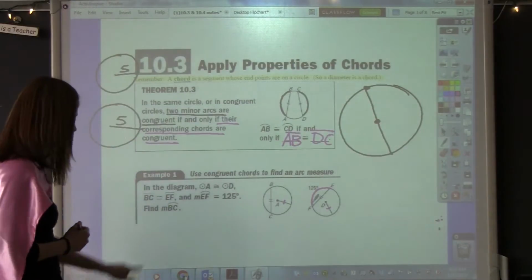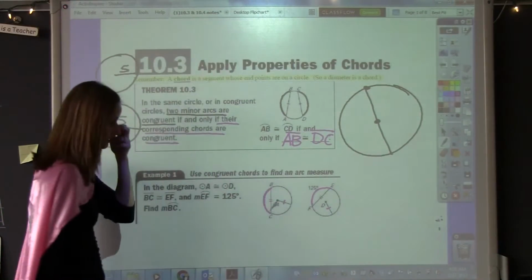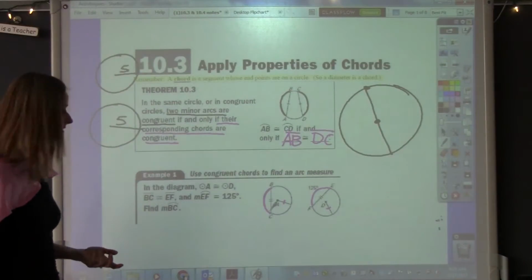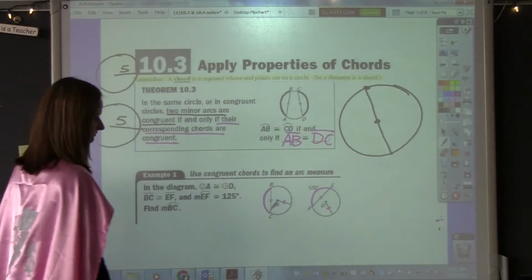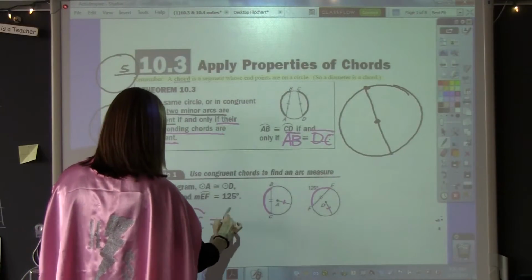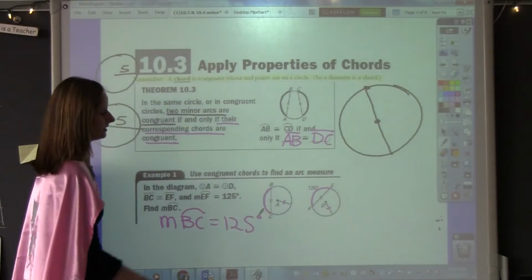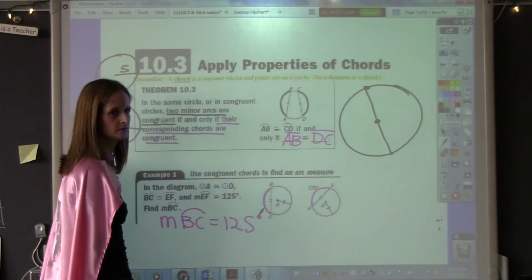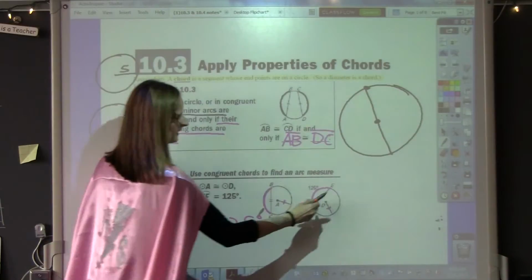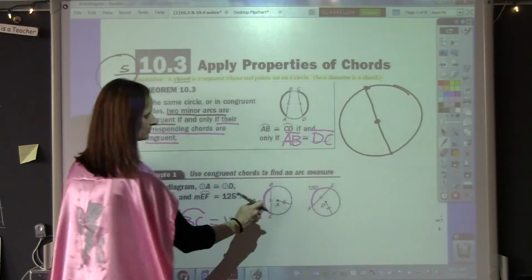Find the measure of arc BC. 125. Why is that? That is the theorem. Because we're in congruent circles and we've got chords that are congruent, their arcs will be congruent.